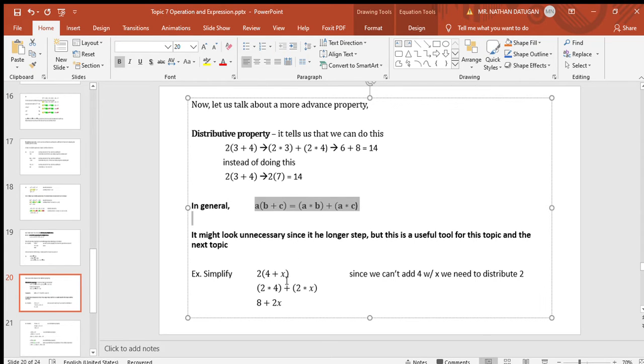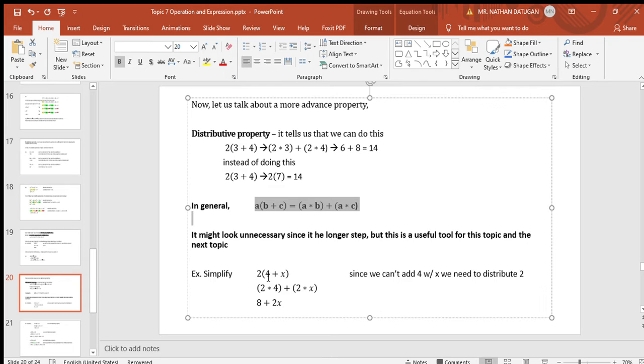Here's an example of that. We have 4 plus x times 2. What do we need to do? We need to simplify this. Well, we simply cannot add 4 and x, right? Because obviously we don't know what x is.